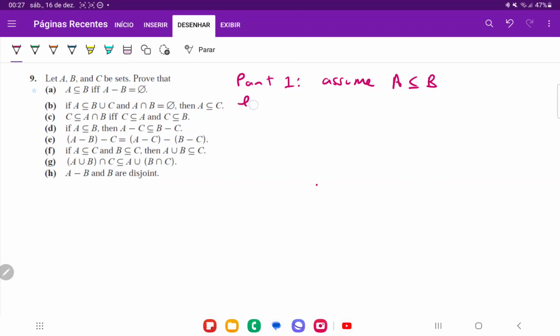So we're going to say let A minus B not be empty, right? We're going to assume the opposite and then show that it leads to some contradiction.